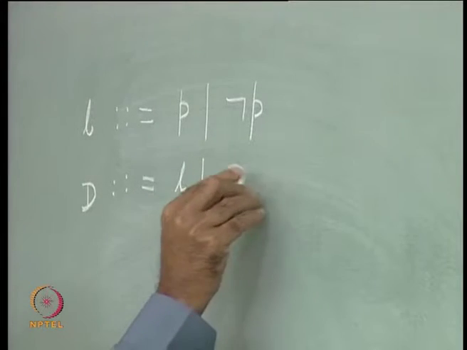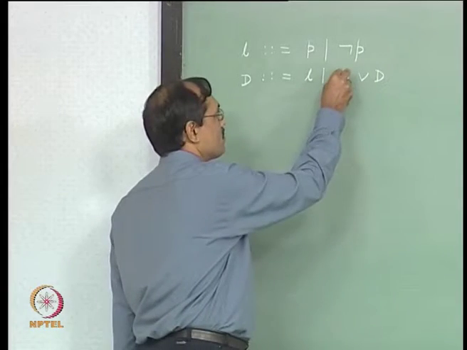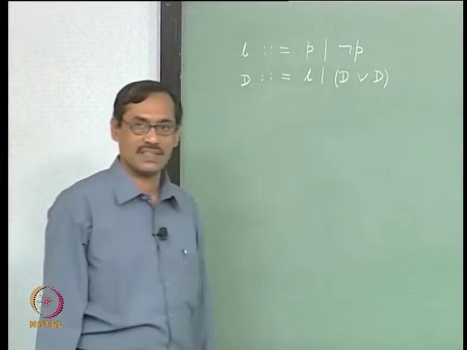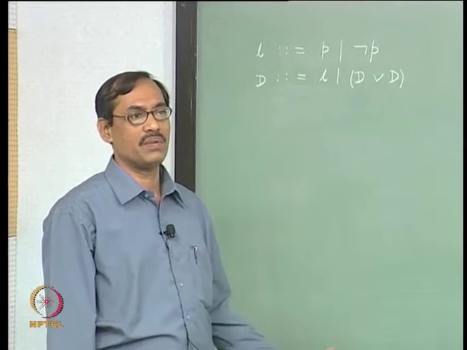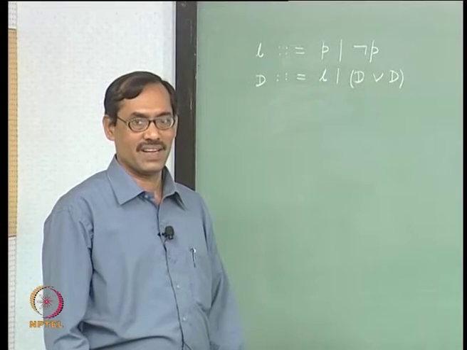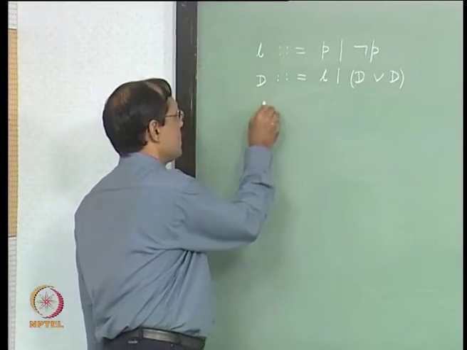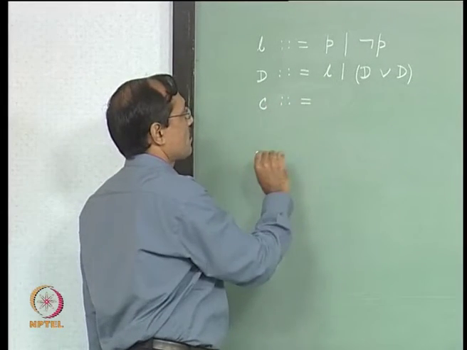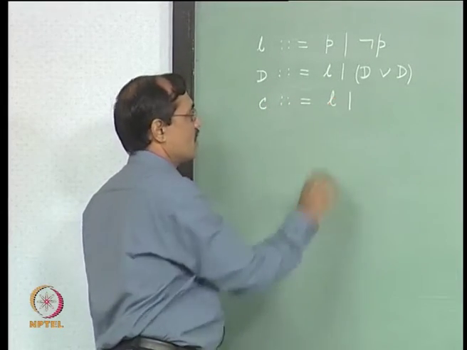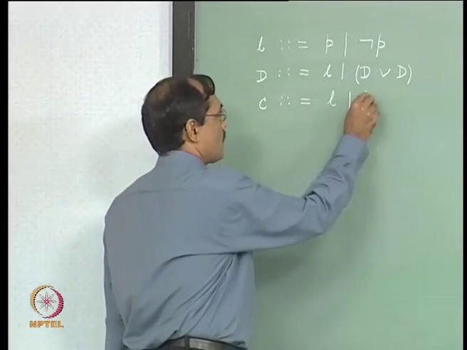So, say D or D. So, if you are very specific about the grammar, then you have to include a bracket here, parenthesis, okay, because once it will be combined with other clauses, you need a bracket there, you need parenthesis. Similarly, a conjunctive clause can be either a literal or it can be conjunction of two other conjunctive clauses.